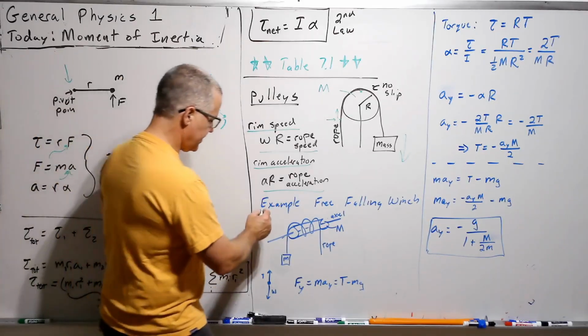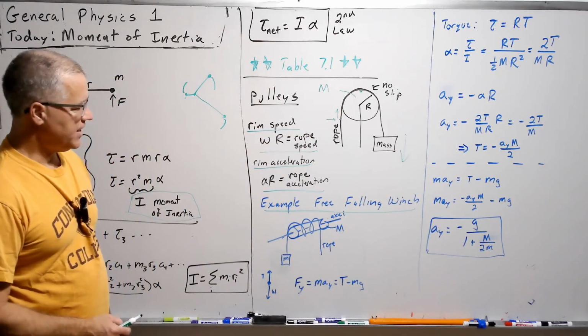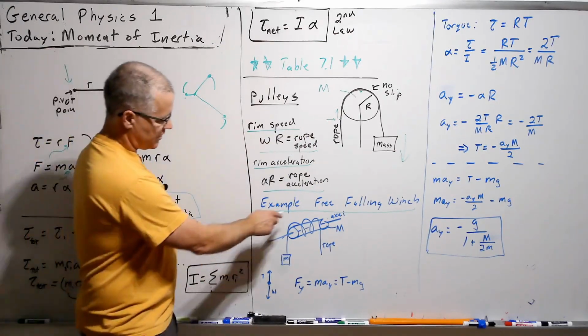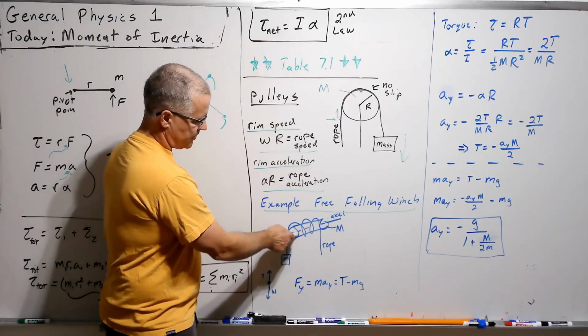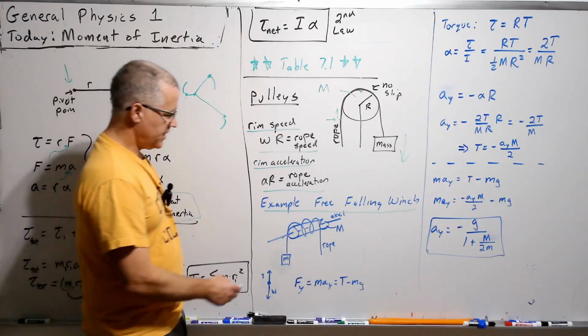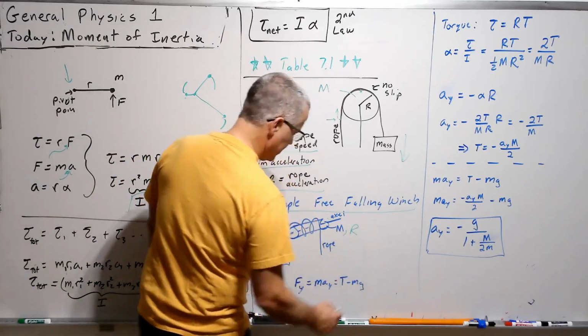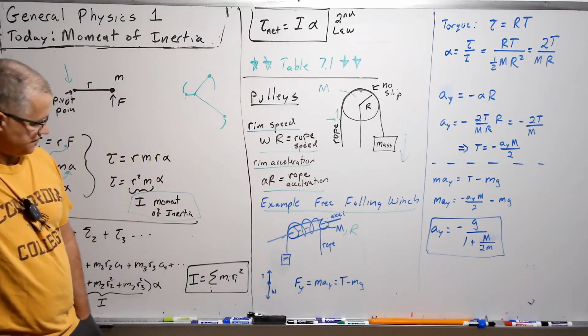Okay, well, let's look at an example of a free-falling winch, and that's basically a pulley. It's just that the rope is wrapped many times around. It's got this freely spinning cylinder on an axle. We'll say the cylinder has mass M. Oh, and I should have some radius r here.